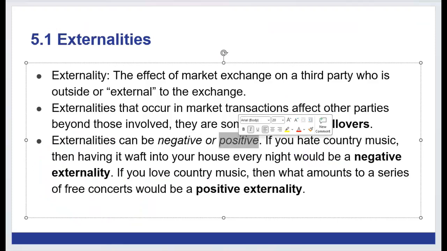Externalities, though, they don't have to be negative. They can be positive as well. There's things that sometimes we do that can have a positive effect on the world around us, and those things aren't being captured in our model either. So if I, for example, was to buy a smoke detector, and let's say I lived in an apartment building, and I go and I buy a smoke detector. There's a market for that.